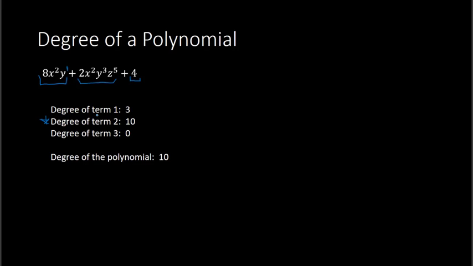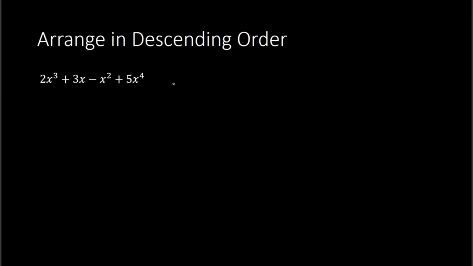Now this is useful when you have to arrange a set of terms. You want to arrange typically in descending order, meaning the biggest degree term goes first, and then the next one comes second, and then the next one third, etc. So here we see an example. If you were to arrange in descending order, what that means is we start with the bigger exponents first and then go down from there.